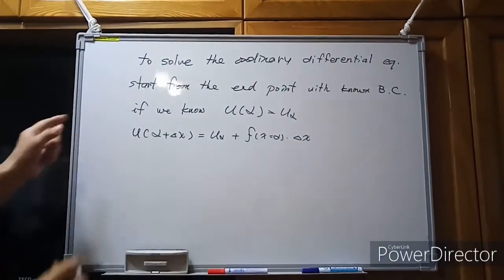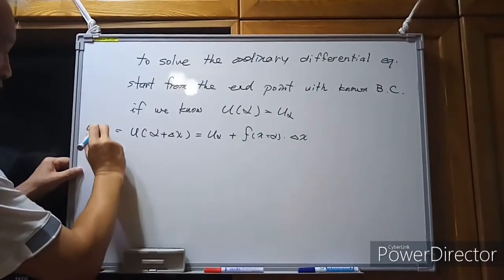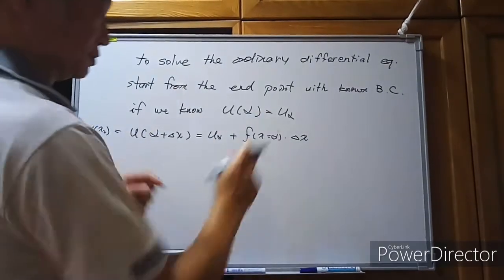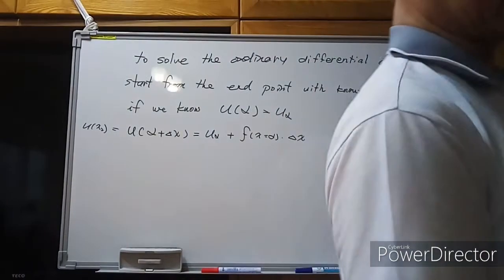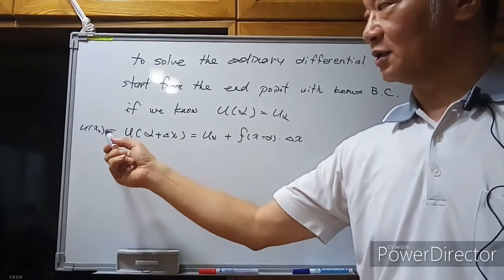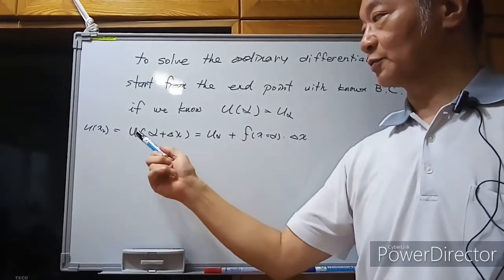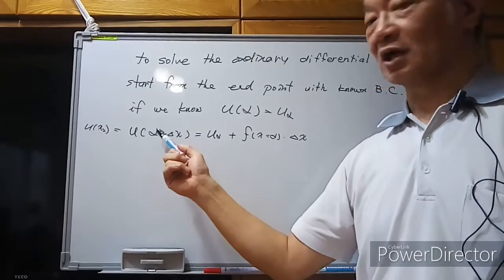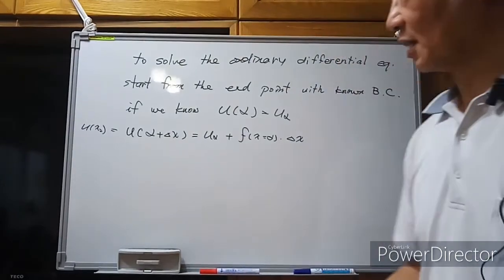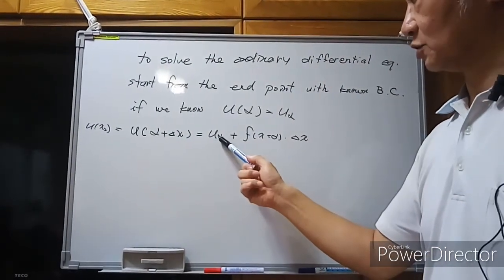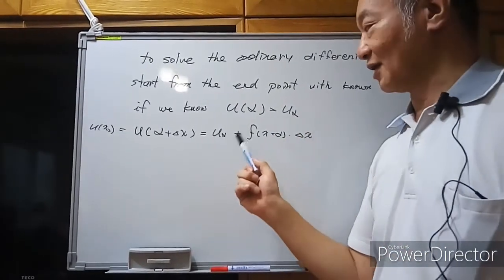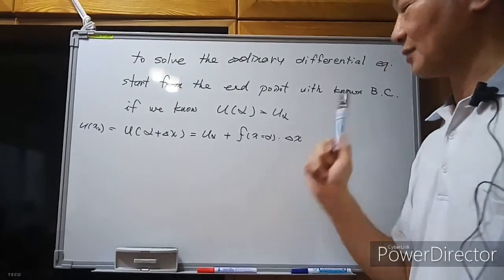So that's the u of x1, u of x2. Since we assume the alpha is x1, we can solve the second point, u of x2, where x2 is equal to alpha plus delta x, and the function value u of alpha plus delta x is equal to u alpha plus the slope at the end point x equal to alpha times delta x.